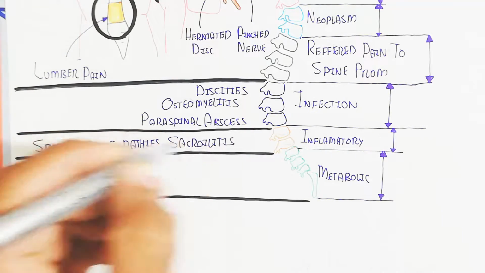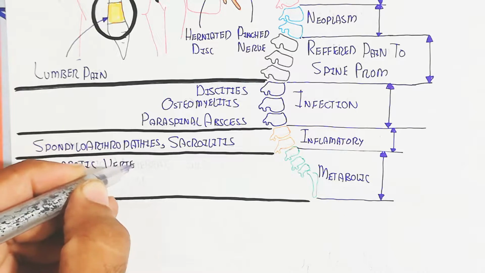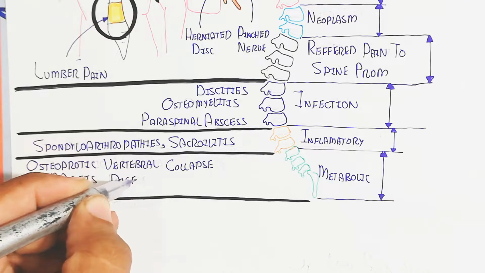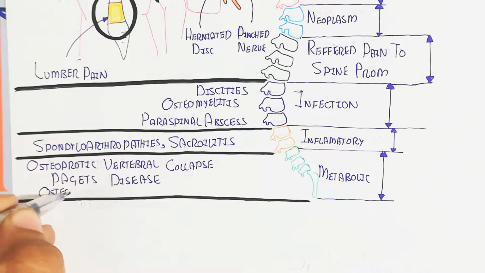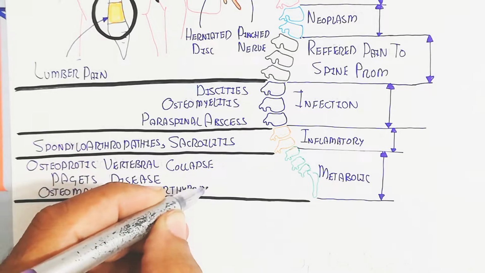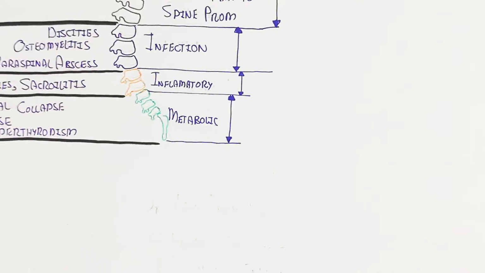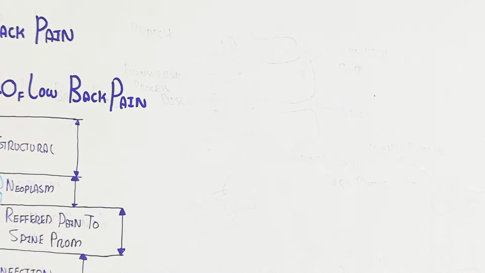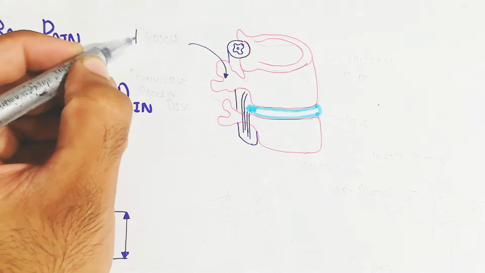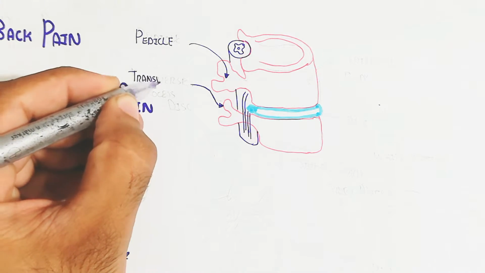On the other hand, inflammatory causes include spondyloarthropathies and sacroiliitis, while metabolic causes include osteoporotic vertebral collapse, Paget's disease, osteomalacia, and hyperthyroidism. So this is the bigger picture I am understanding.